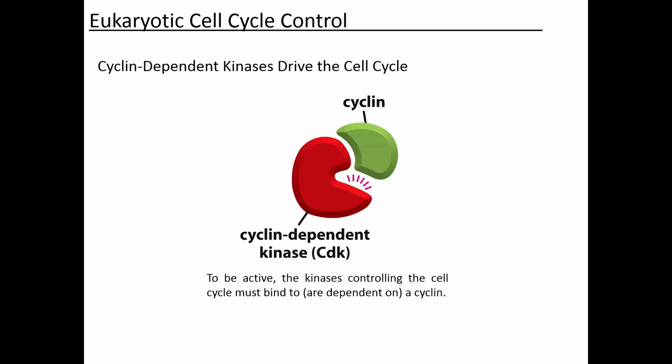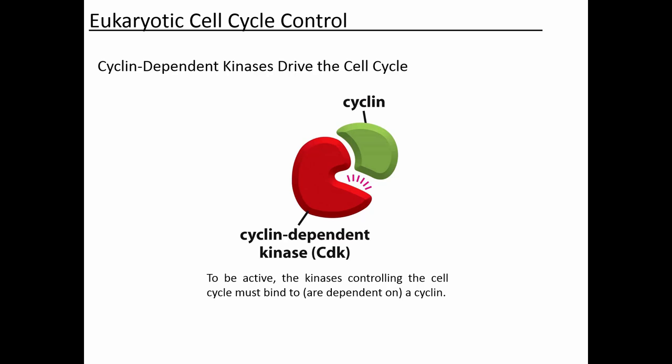Okay. So if you remember back to energy, enzymes and metabolism, a kinase is an enzyme that adds phosphate groups to molecules. And they're called cyclin-dependent kinases because if you look at the picture here, the red blob is the cyclin-dependent kinase, and the green blob is a protein called cyclin.